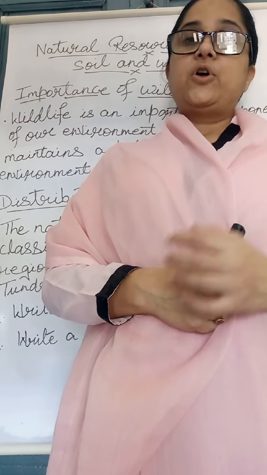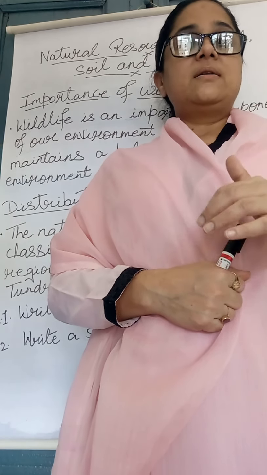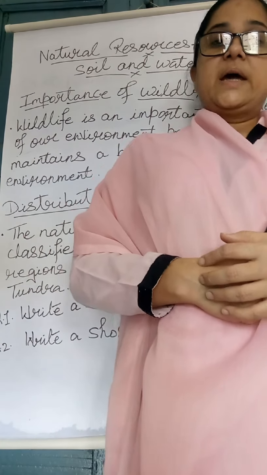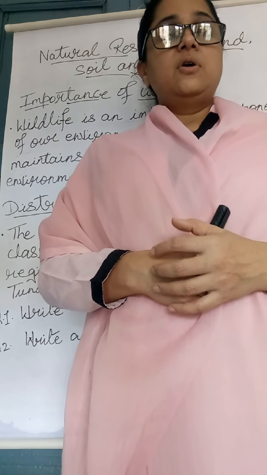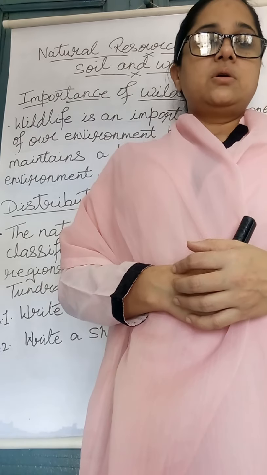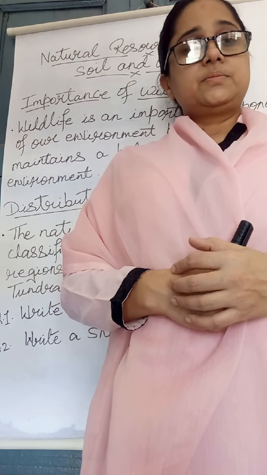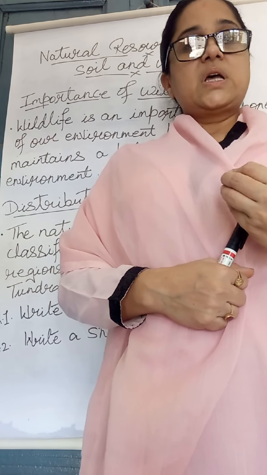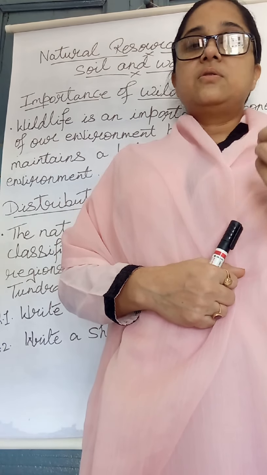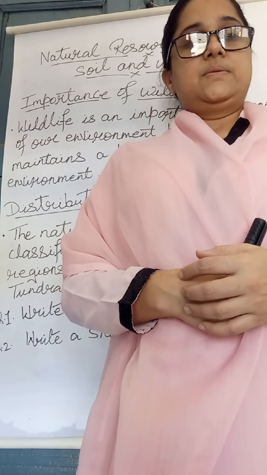Since rainfall is less, the plants' roots go deep so that they absorb the water from the ground. Besides, the plants have a waxy surface that reduces the loss of moisture by transpiration. That's why the loss of moisture by transpiration is very less.